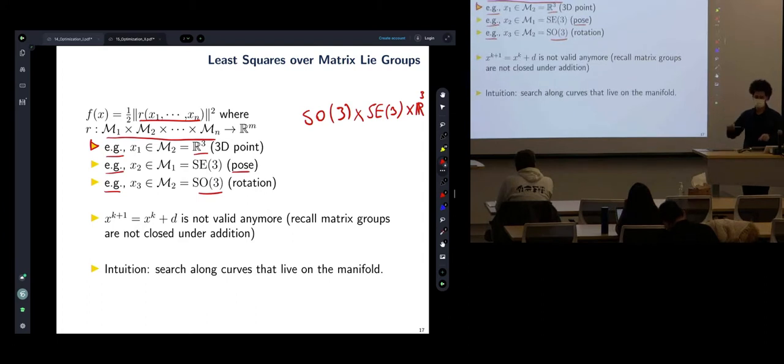So each of them will be one pose independently. And together, we will have maybe 100 poses. So the domain will be very large. 100 poses, maybe 1,000 points, maybe some 10 objects in the scene. You want to estimate their orientation.